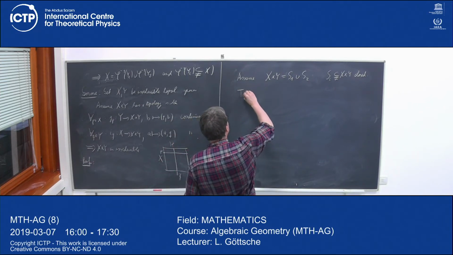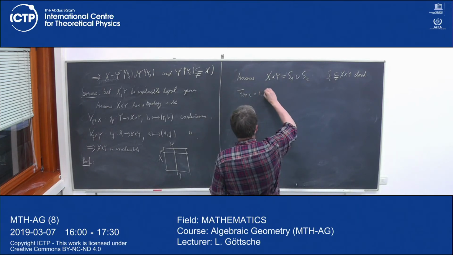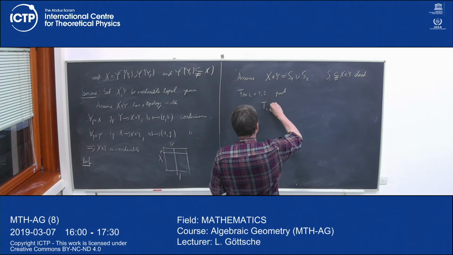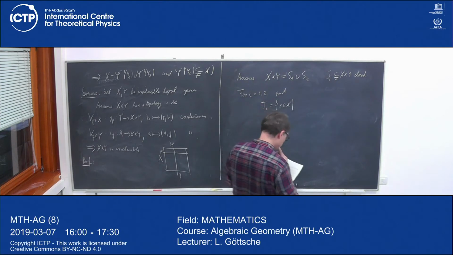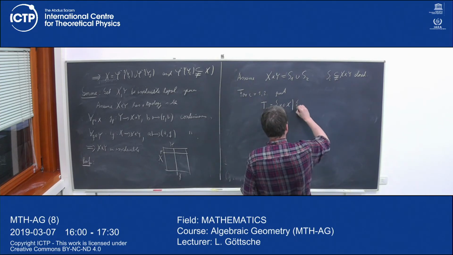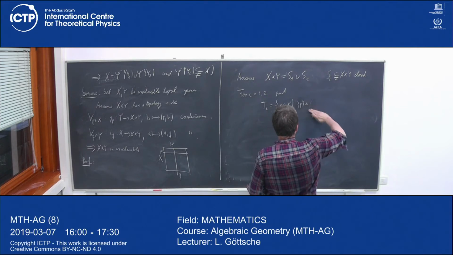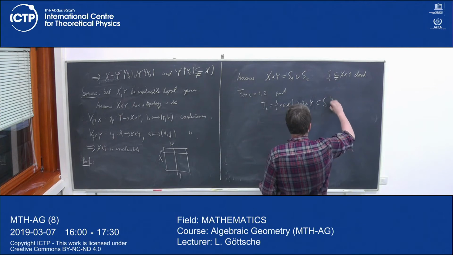For i equals 1 and 2, we put Ti to be the set of all points P in X such that P times Y is contained in Si.